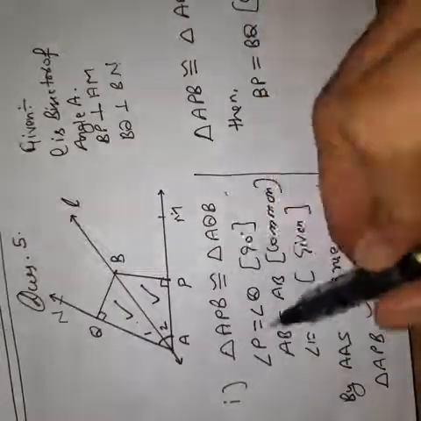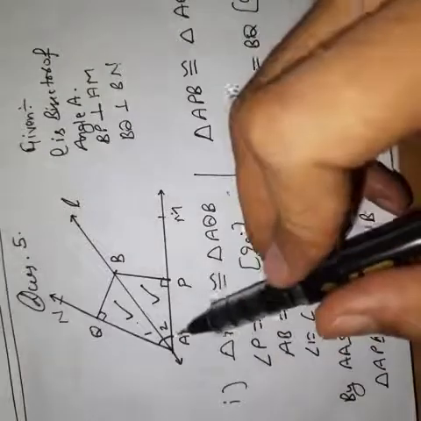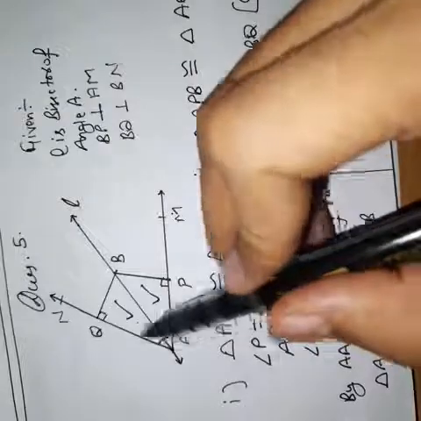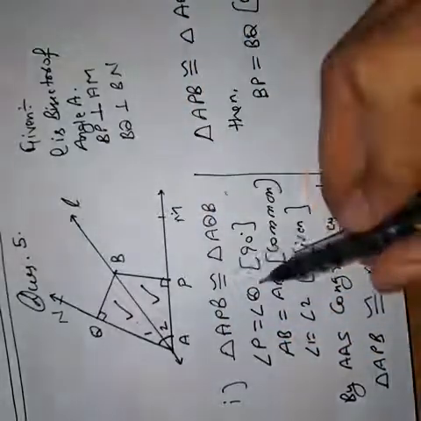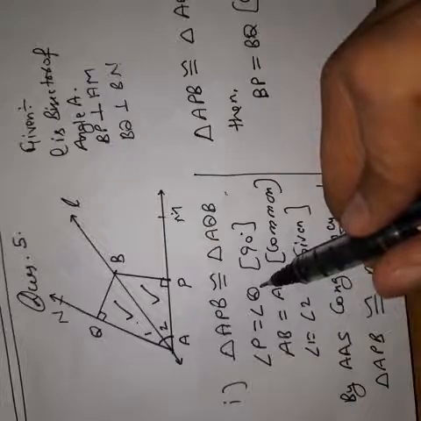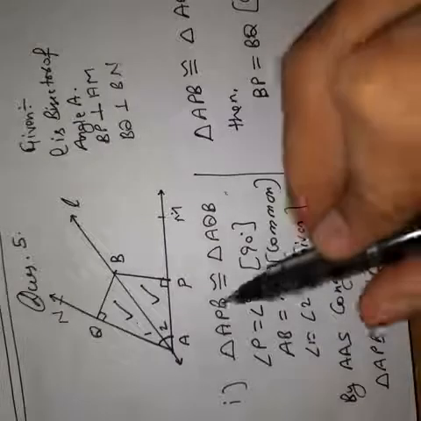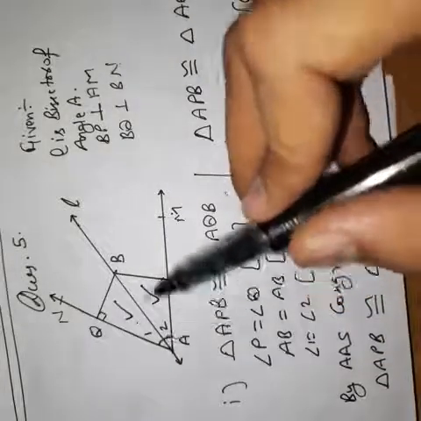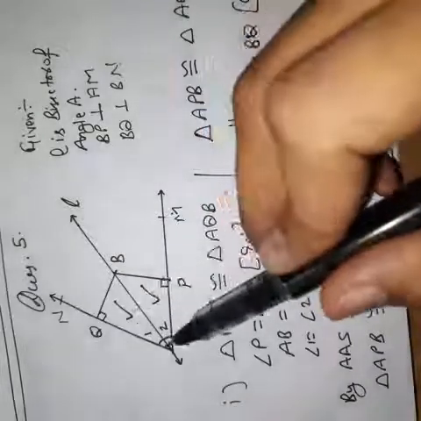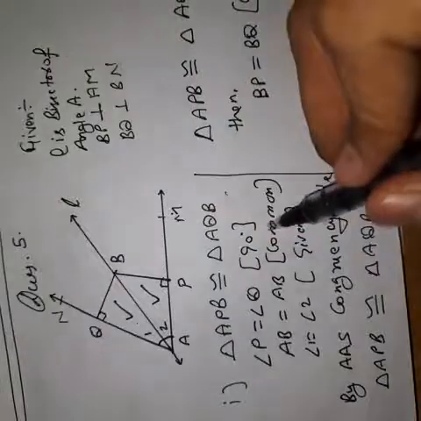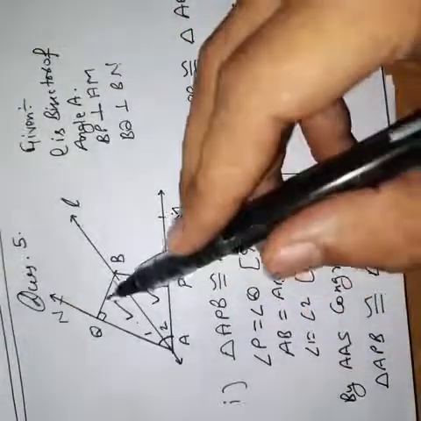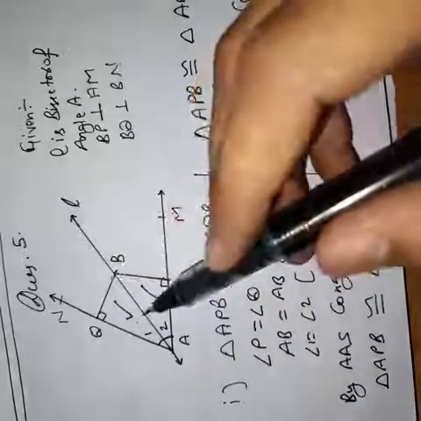Now we know that angle P in triangle APB and angle Q in triangle AQB are both equal because both angles are 90 degrees. Also, AB is common in both triangles, so AB of triangle APB is equal to AB of triangle AQB.